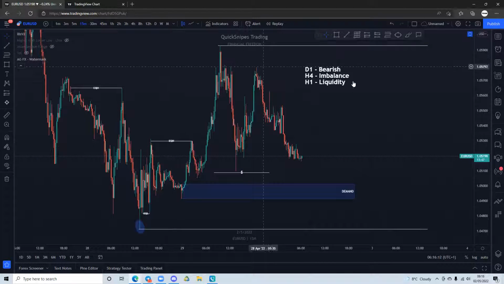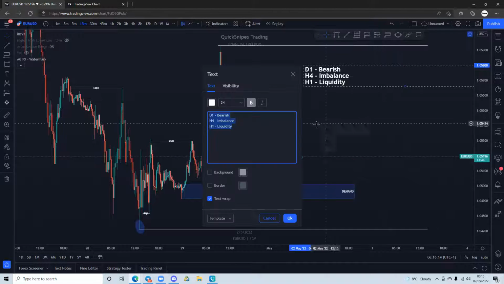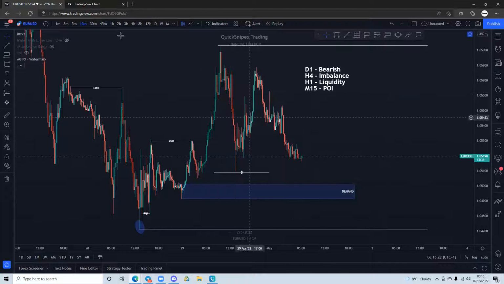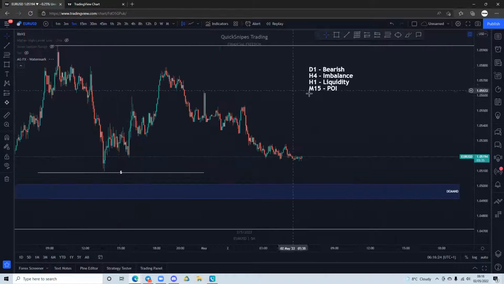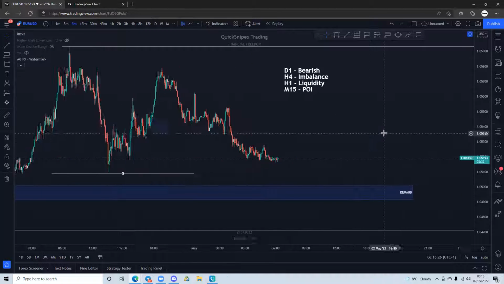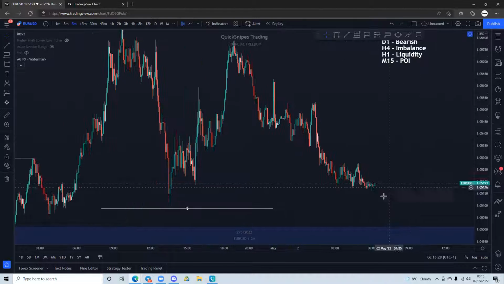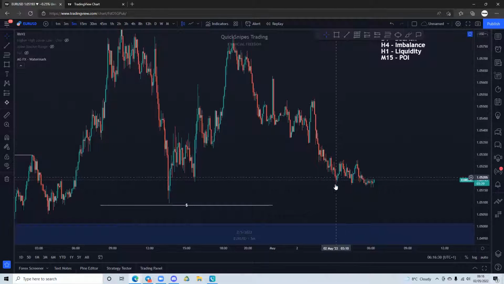Now we're looking at points of interest on the M15. And now let's drop down to the 5 minute. Now can we see any potential trades on the 5 minute?